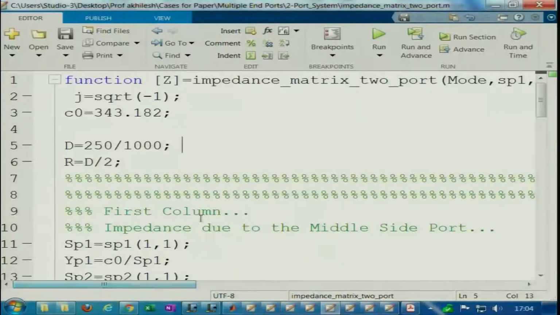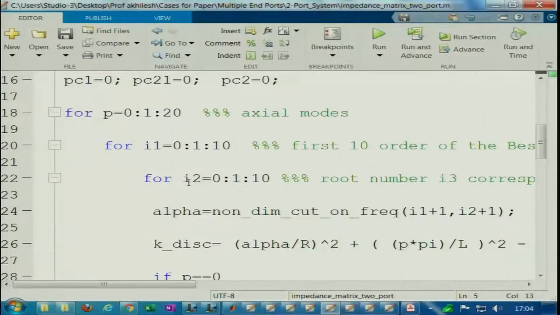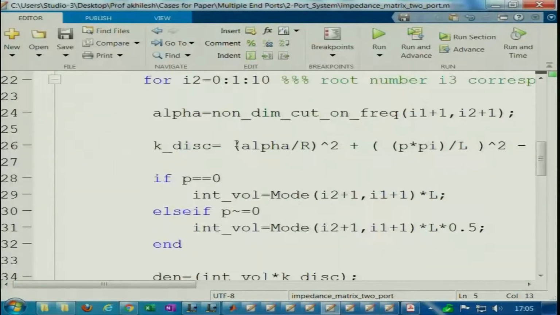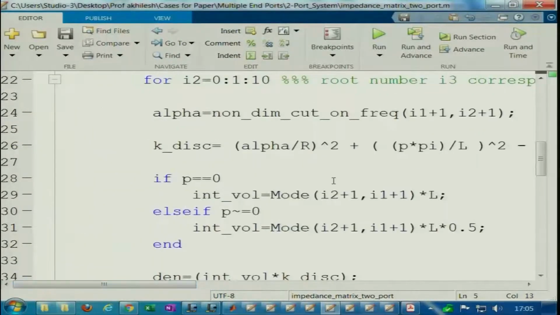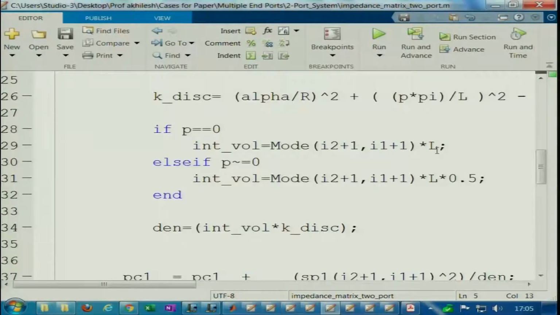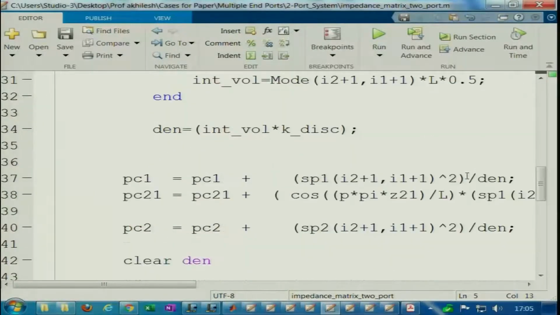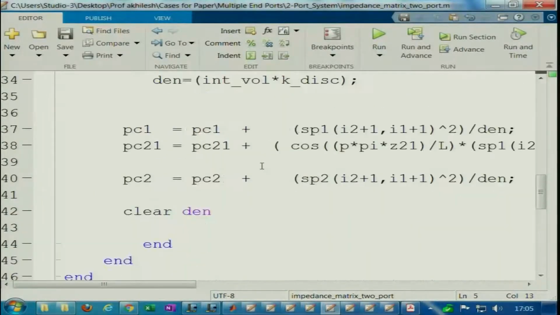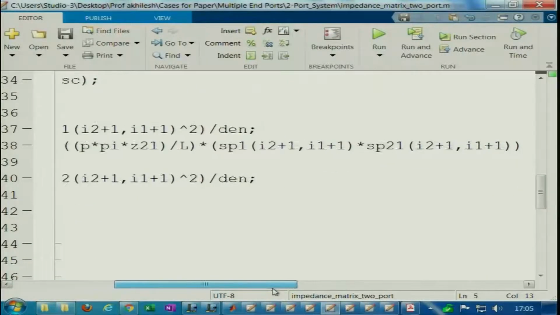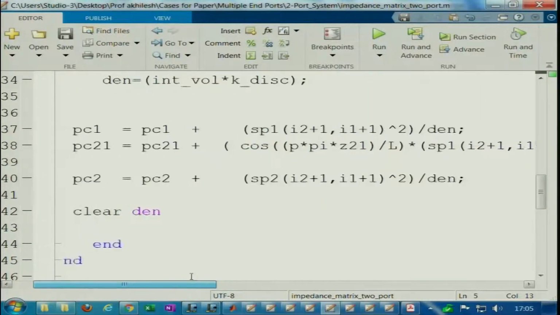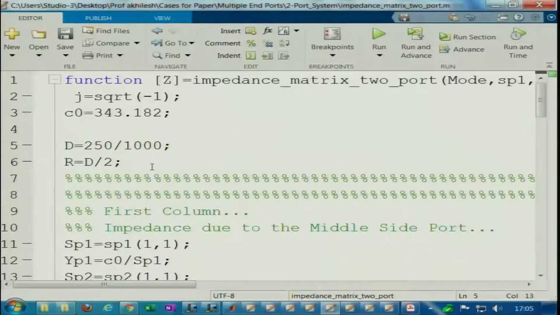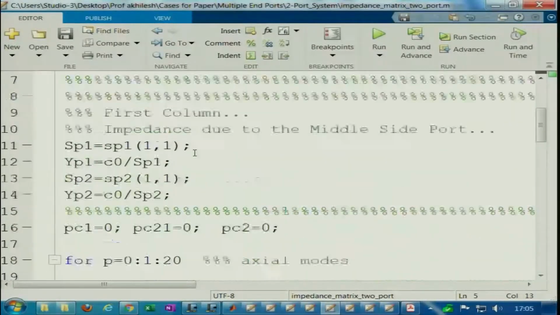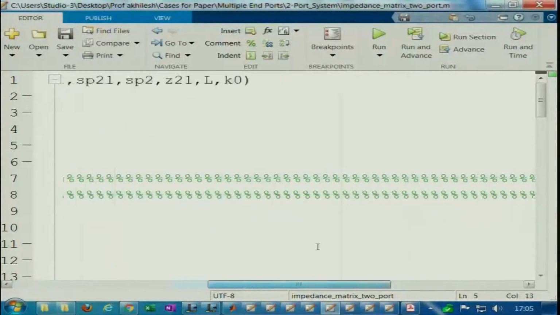So, this is the characteristic impedance, and the first 20 axial modes and first 11 radial modes were considered for convergence analysis. These are the mode shapes, depending upon whether P is 0 or not, and this is the modal summation approach. The response functions were computed, and Z21 was given based on whether you have a flow reversal chamber or an expansion chamber. So, we can do both.